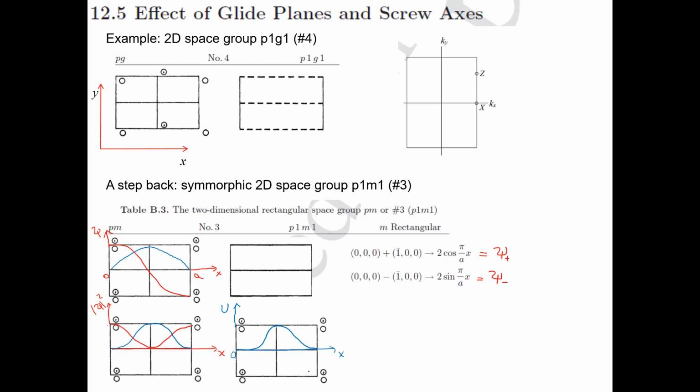It could be very complicated, but you see that it oscillates, and it oscillates with a very specific, well, at least the lowest harmonic of this is a cosine function of 2 pi over a x, right?